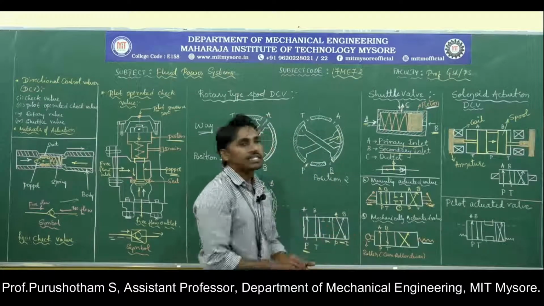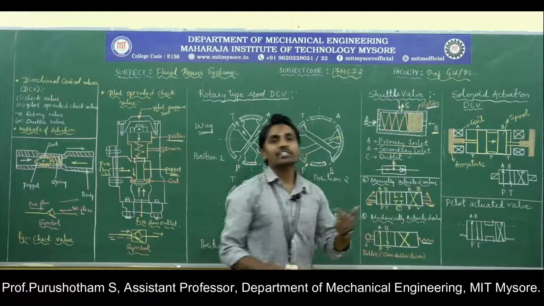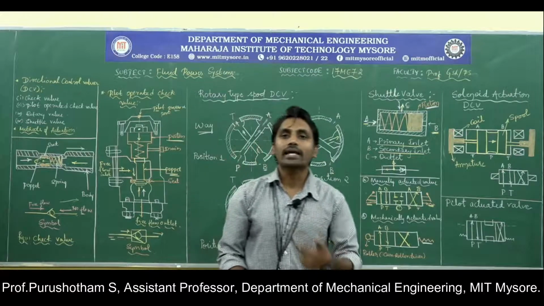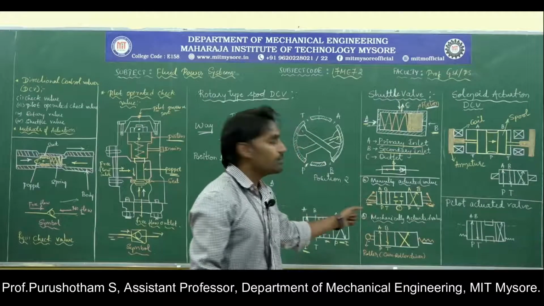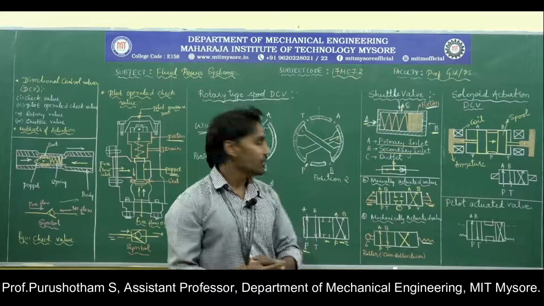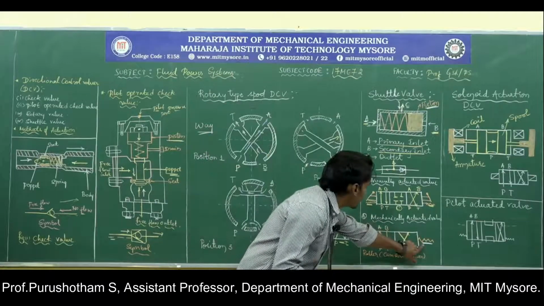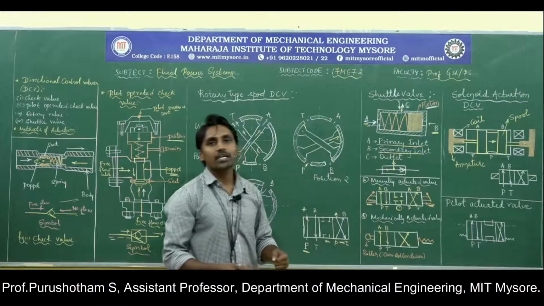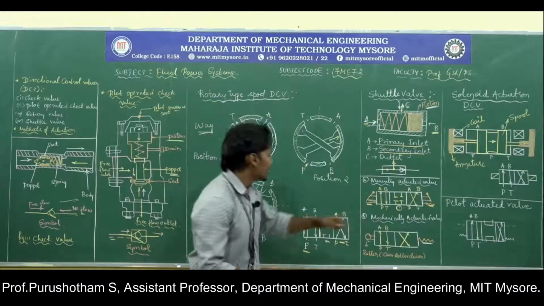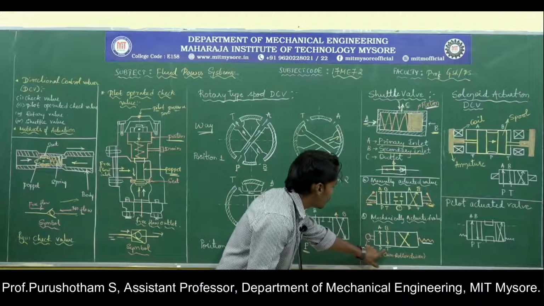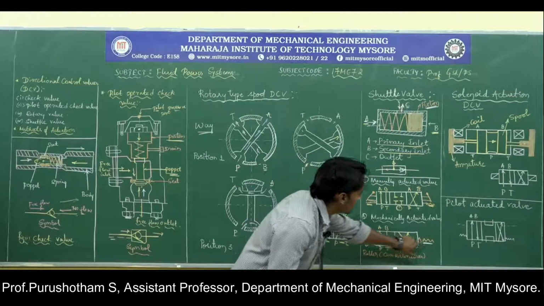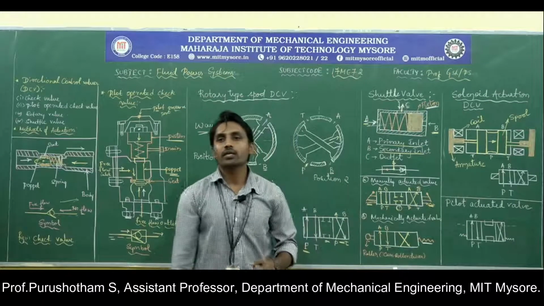So actuation by means of some mechanism is called a mechanically actuated valve. Here the spring is provided only on one side. That means this is called a 4-port or 4-way 2-position spring offset valve.